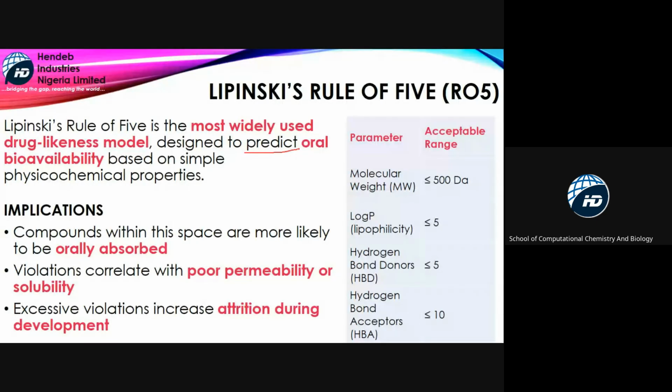Because nobody will accept your in silico result as a final result. They would like to see proof from the main experiment. So that is where we have found ourselves now.